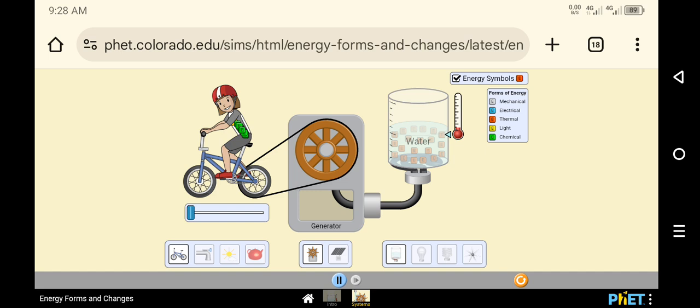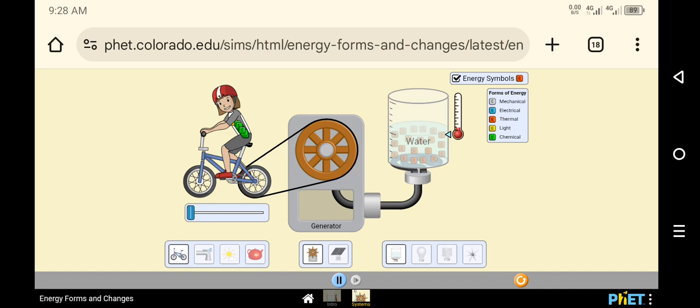For this man, in order to ride a bicycle, we need some kind of energy. So what kind of energy does this man need? It is the chemical energy. The chemical energy is the energy from the chemical bonds of different compounds.